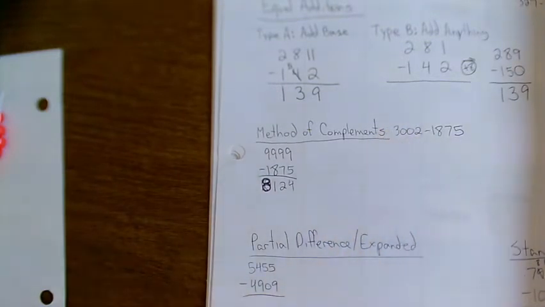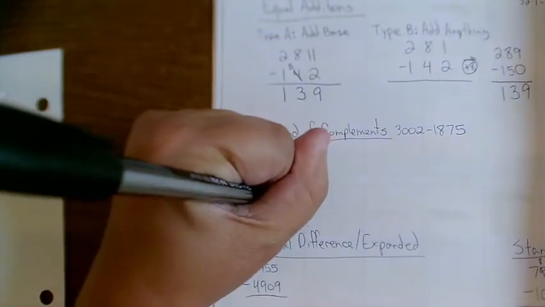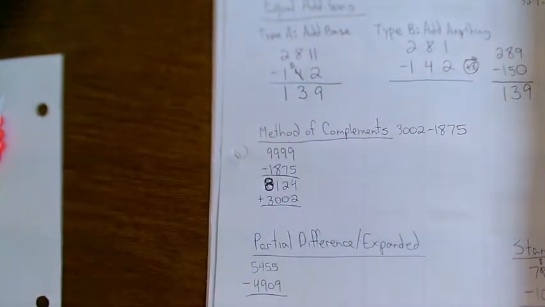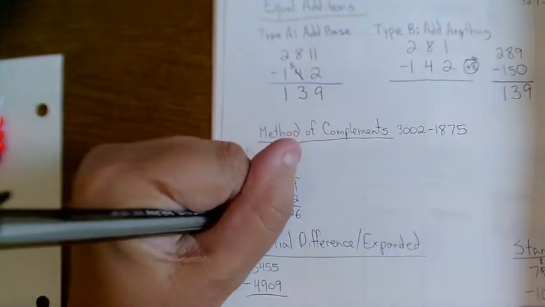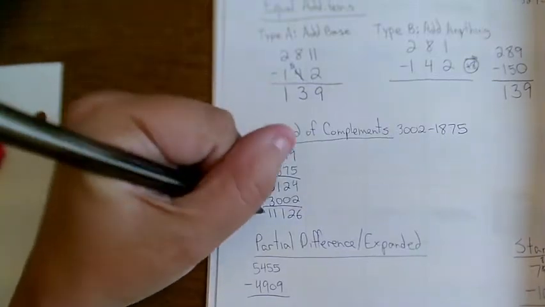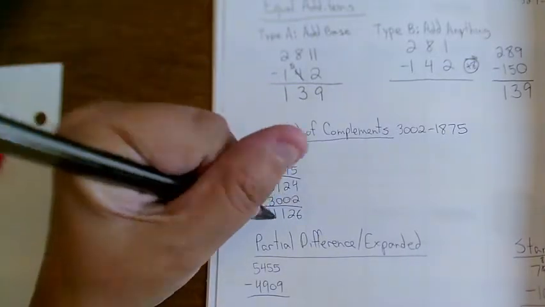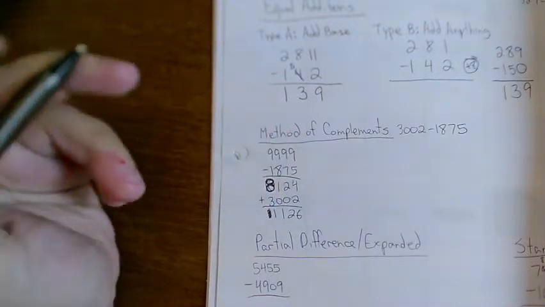Then we kind of forgot about the 3002. We changed the problem. So next step is to add the 3002 back in. So you get 6, 2, 1, 8, 9, 10, 11. So now we have 11,126. So here's where the magic happens. For the final step, we are just going to eliminate this 1 that leads the number.